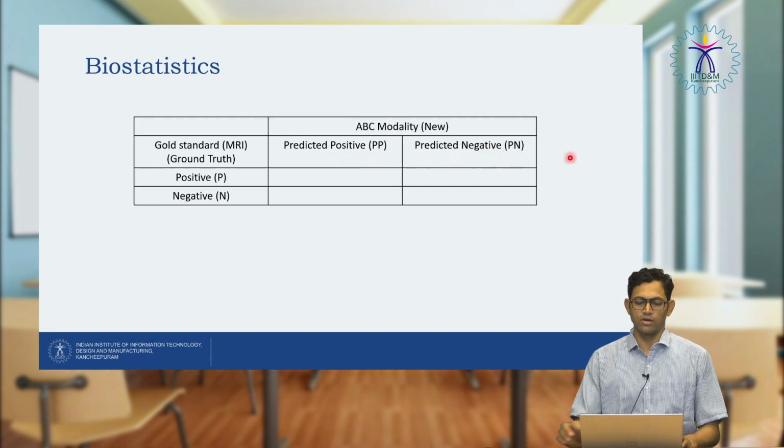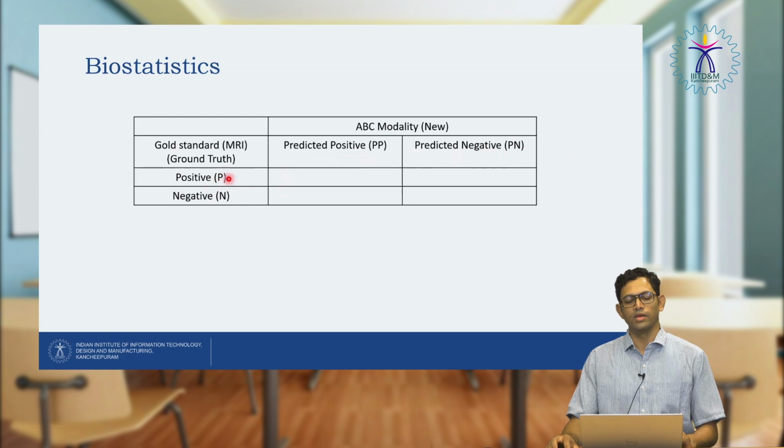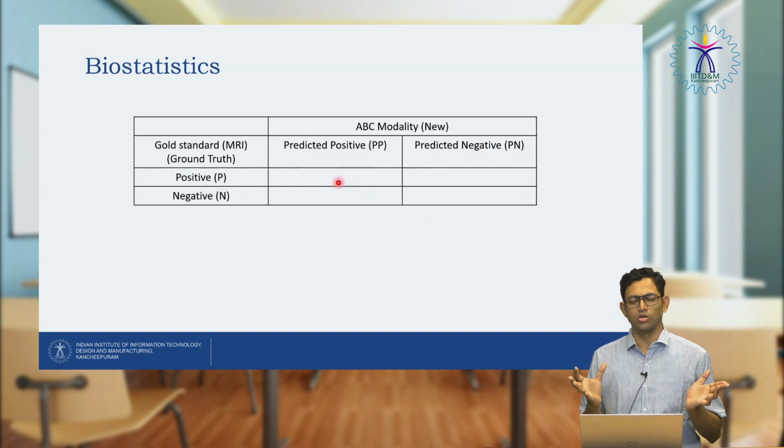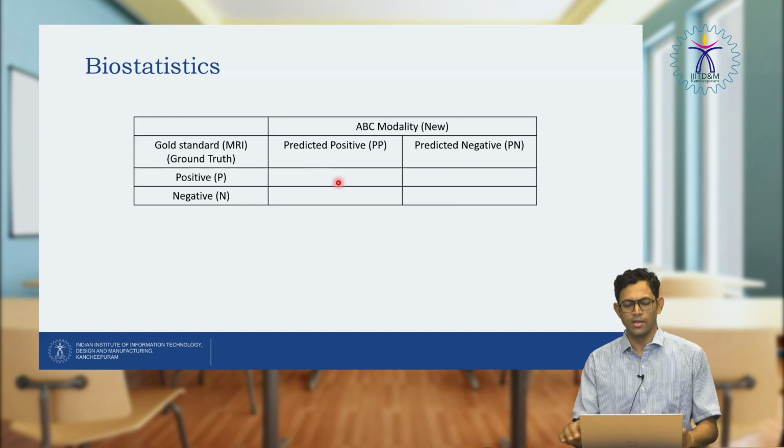So now let us try to understand: if a person is found to be positive by the gold standard, but at the same time is also found to be positive by our own modality, what is the terminology for such an incident? There is a technical term, and that technical term is true positive.